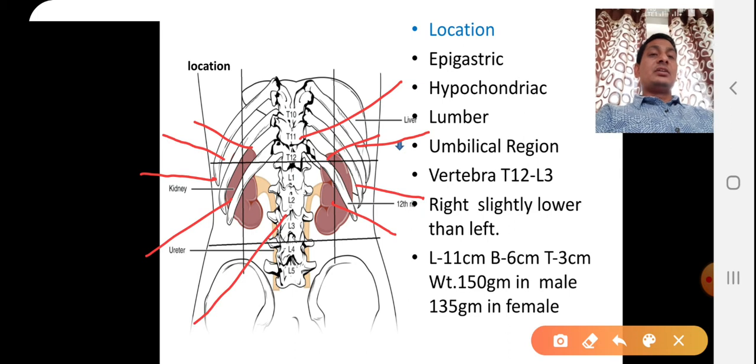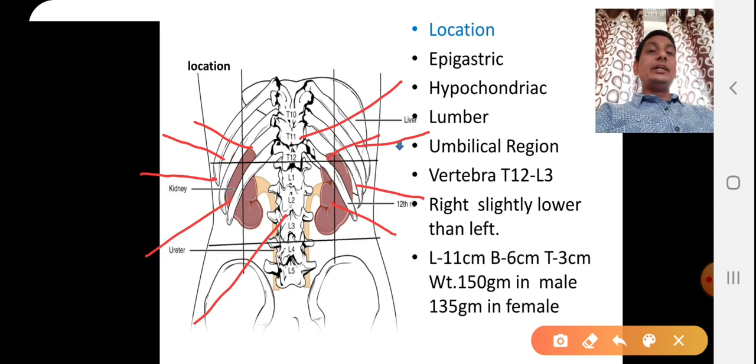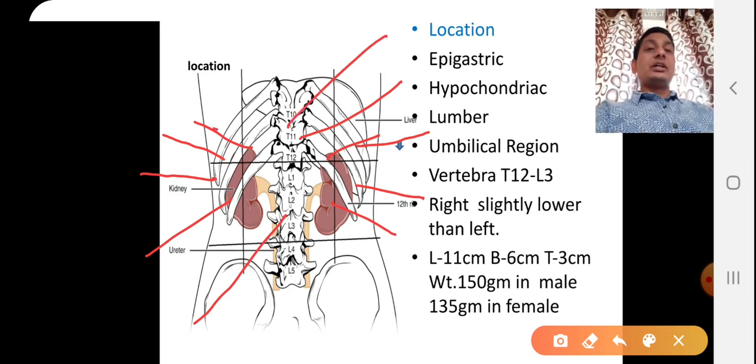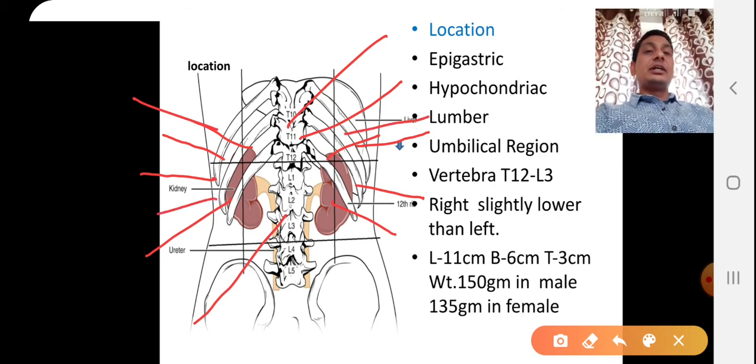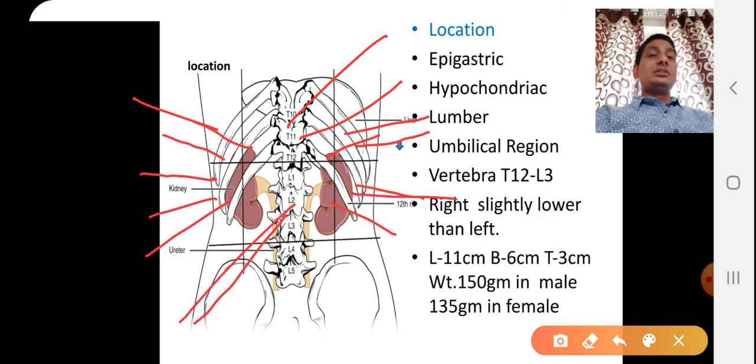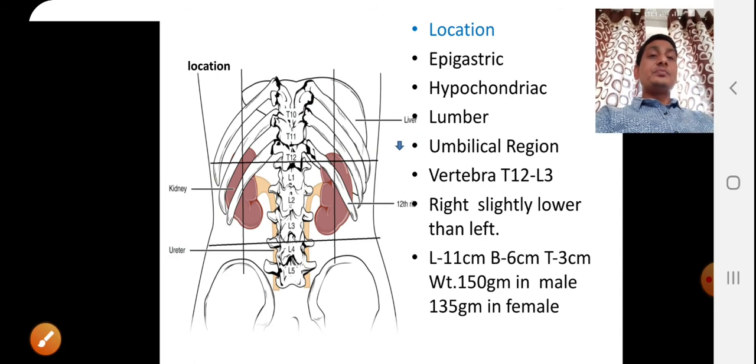According to the nine regions of the abdomen, the kidney is located in the epigastric region, the right and left hypochondriac regions, the left and right lumbar regions, and the umbilical region.